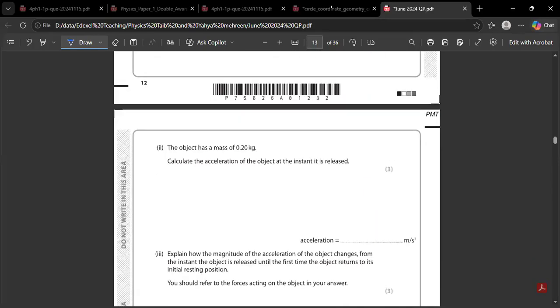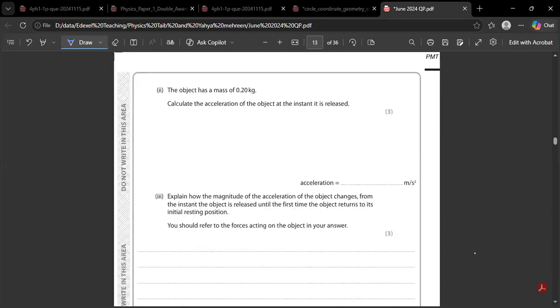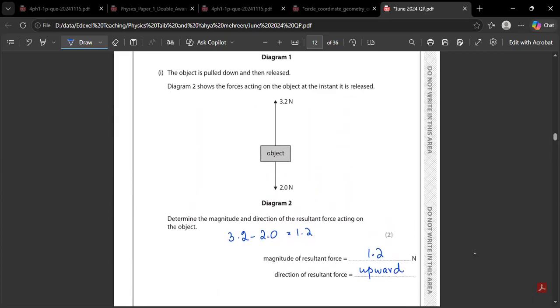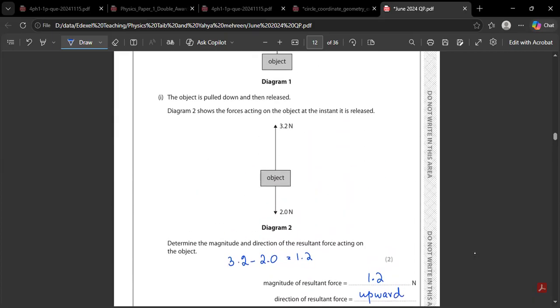All right, so the object has a mass of 0.20 kilogram. Calculate the acceleration of the object at the instant it is released. So the mass of the object is 0.20, and the resultant force at the instant when it is released, diagram 2 shows the forces acting on the object at the instant it is released.